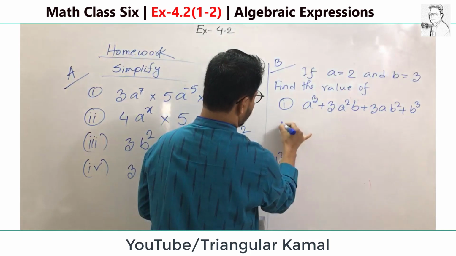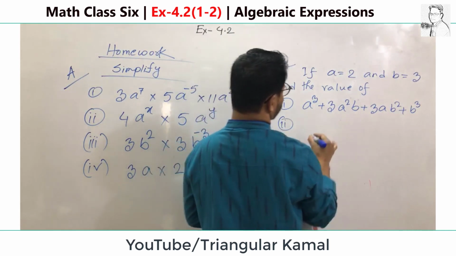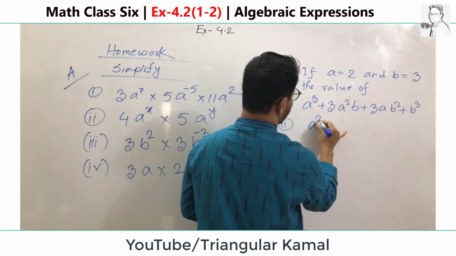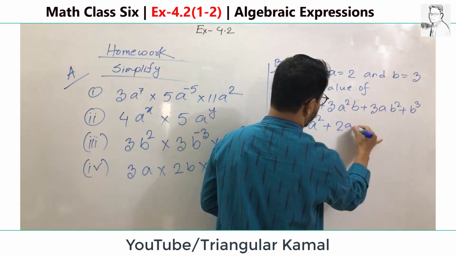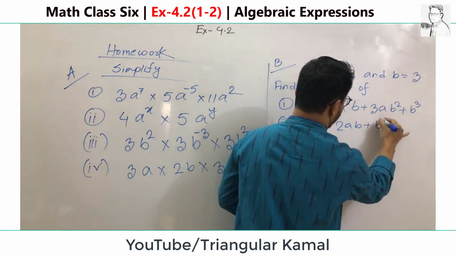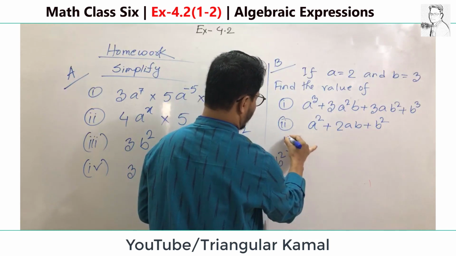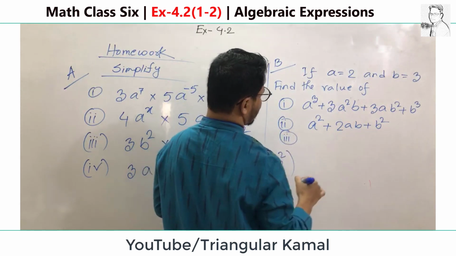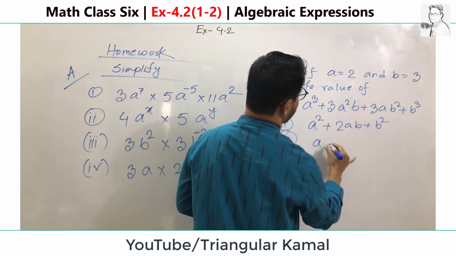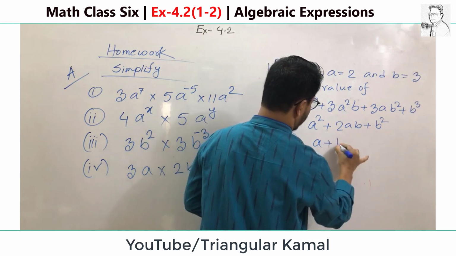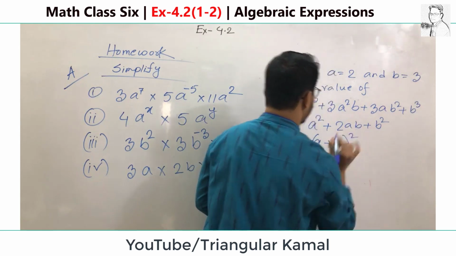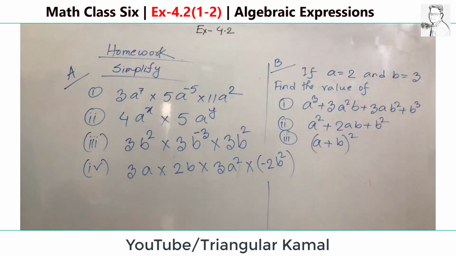Number 2, a square plus twice ab plus b square. Number 3, a plus b whole square.